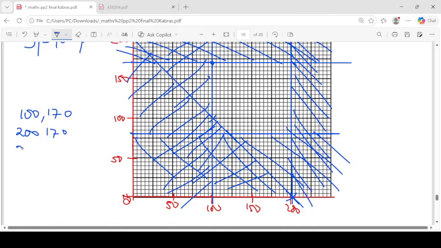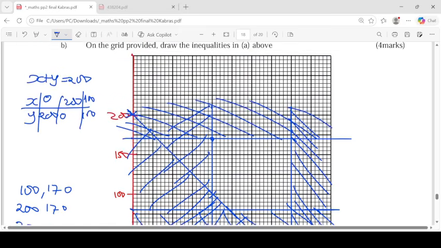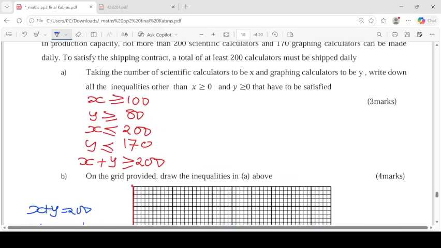On the other end, we have 200. Then this is 75, this is 80. Then on the other end I'm having the corner points. Yes.